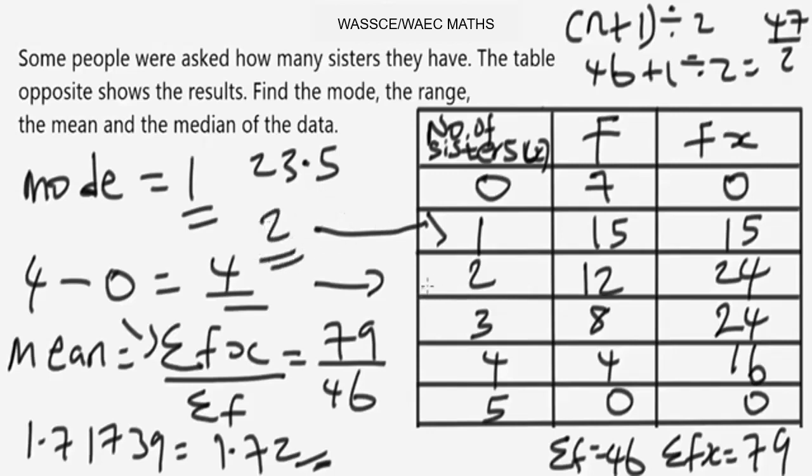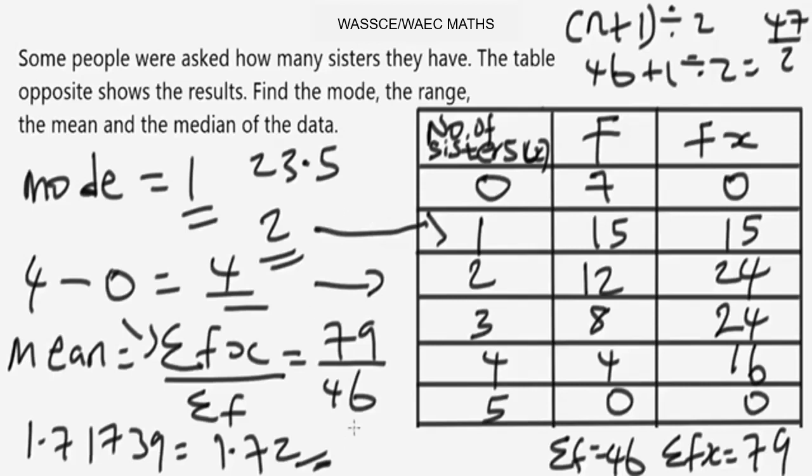Because this 2 is the number of sisters under this frequency value of 12 that you will add to 7 and 15 to get your result to be within 23.5 thereabouts. Okay, so that's how you can find the median of the frequency table. It's as easy as that.